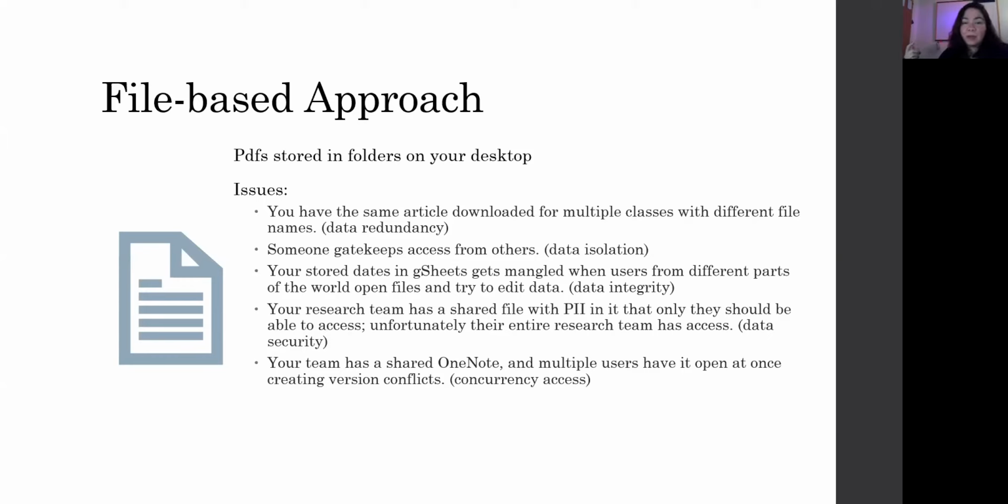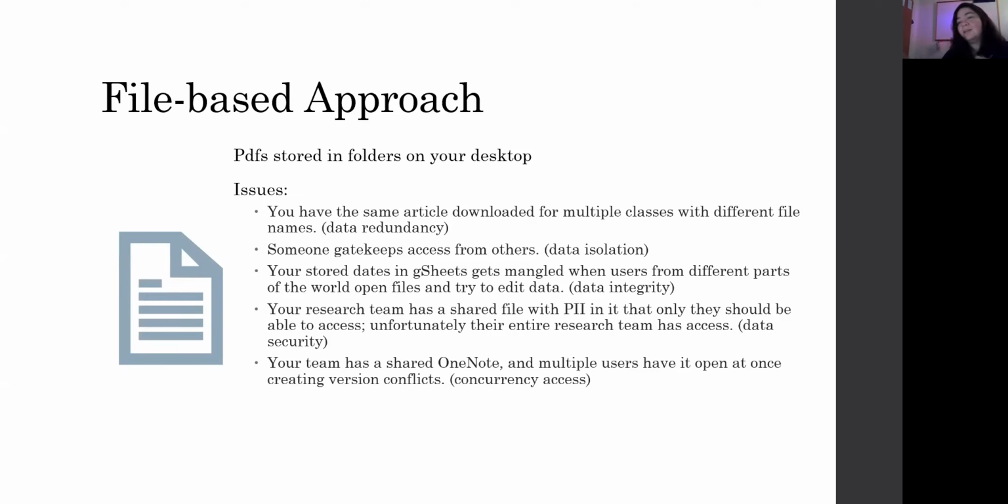So for example, I had a G Sheet, which is Google's version of Excel, that was being used by multiple users, and someone from the UK tried to open it, and so the time zones got all wacky when they tried to edit it because G Sheets got super confused. So all the data got mangled up because of that.